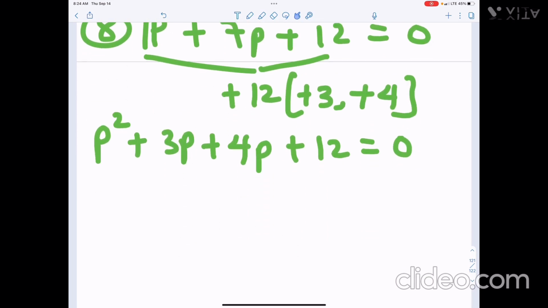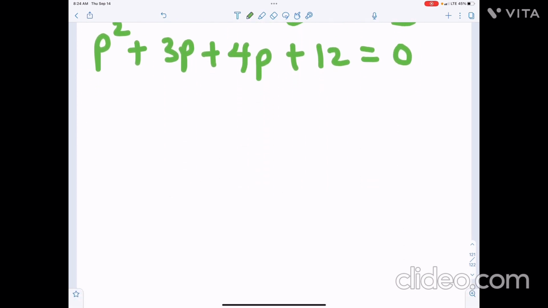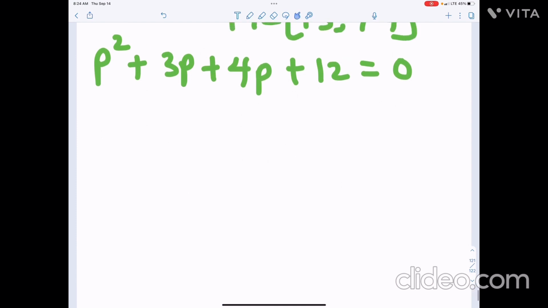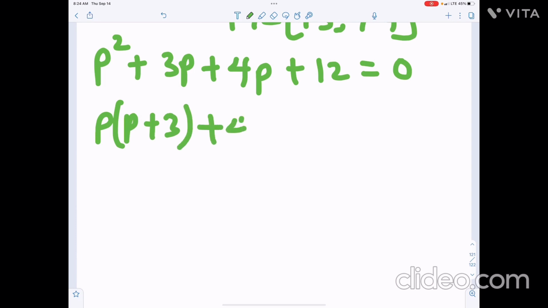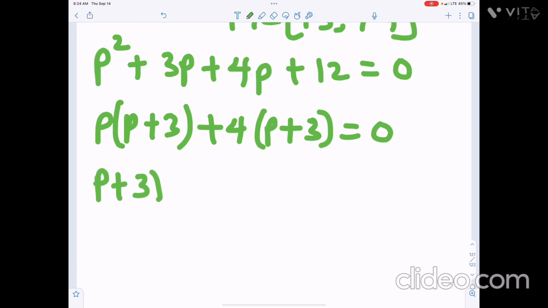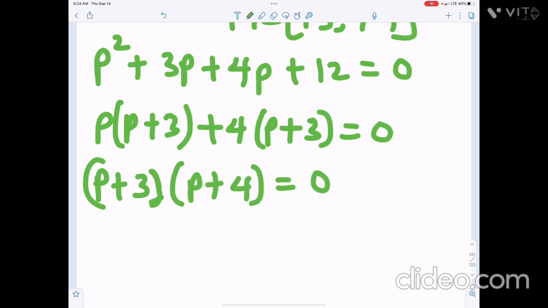So that gives you p times (p plus 3) plus 4 times (p plus 3) is 0. That's (p plus 3) times (p plus 4) is equal to 0.